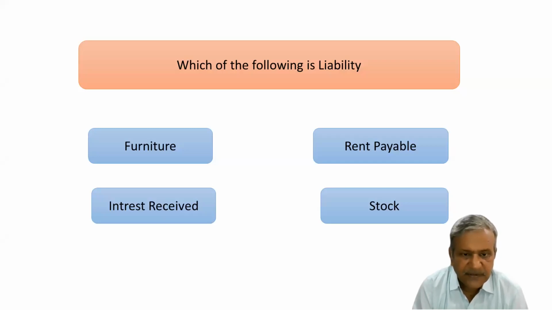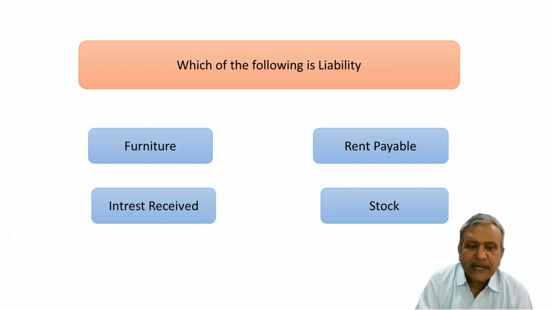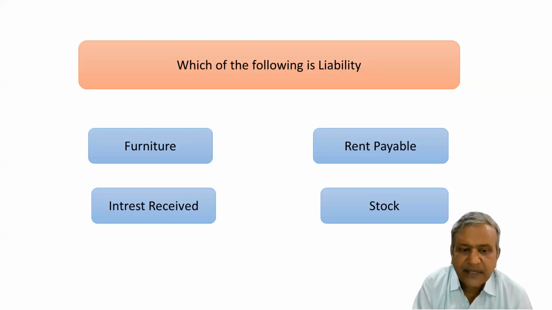Tarun, 2. Shailaja, 2. Radhika, 2. Very good. It is number 2, rent payable. I have to pay it, so no doubt how to identify that. It is called a liability.